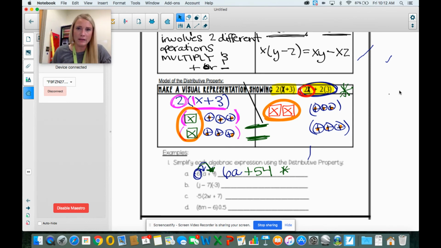Okay, now on B, they wrote it a little differently. They put the -3 at the end. Okay, but it doesn't matter because I see those parentheses, and parentheses always tell me to multiply. Okay, so I have this -3, and I'm going to distribute it to everything in the parentheses. So -3 times a j just gives me -3j.